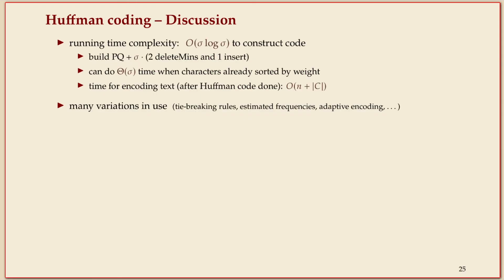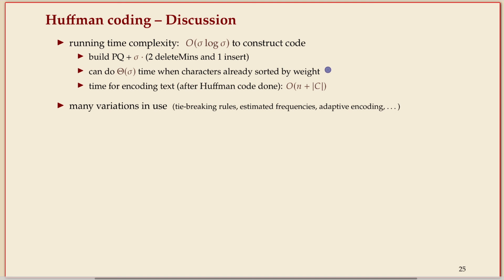All right. Putting that all together. What we've seen before already in the discussion of the code, sigma log sigma is the implementation with the priority queue, where we use a heap, binary heap. And more precisely, we have to build that initially from all the alphabet symbols. And then for all iterations, we use 2 delete mins and 1 insert.